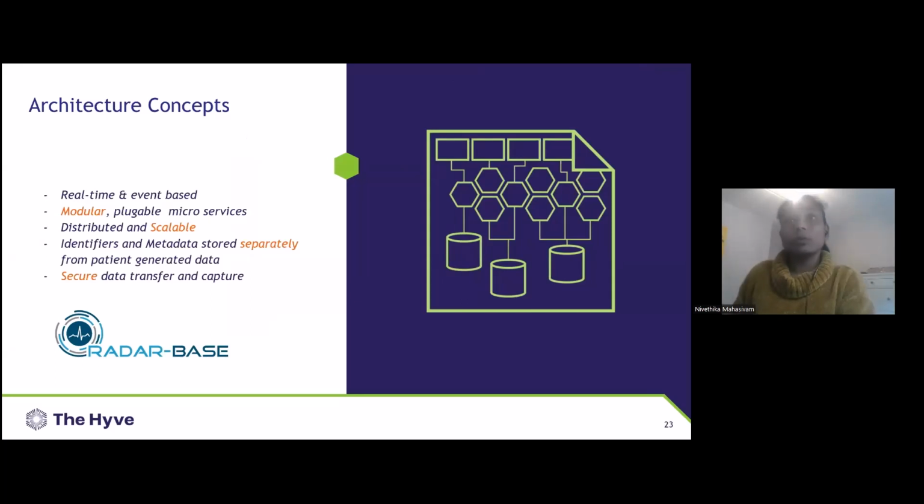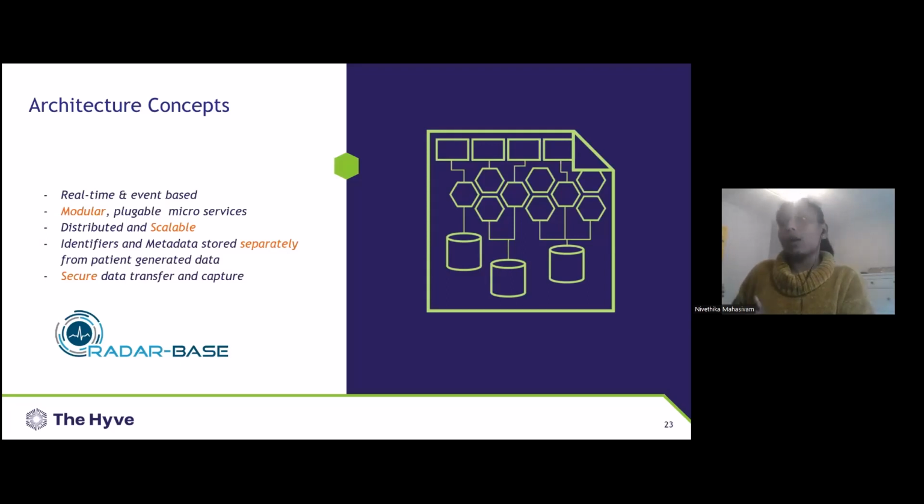The platform is based on Apache Kafka, a distributed event processing system, and in Kafka you have topics which can handle different data streams. So for example, we have one topic for accelerometer and another topic for gyroscope, another one for heart rate, another one for sweat conduction, etc.